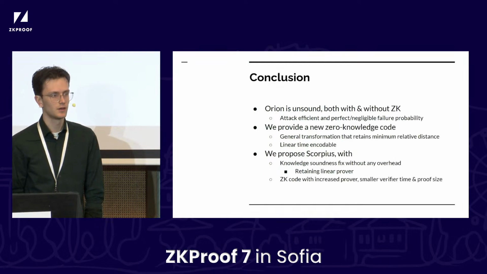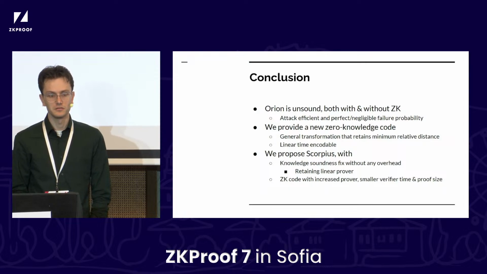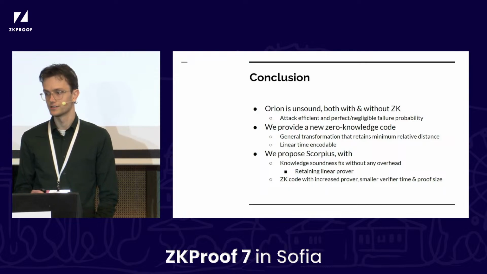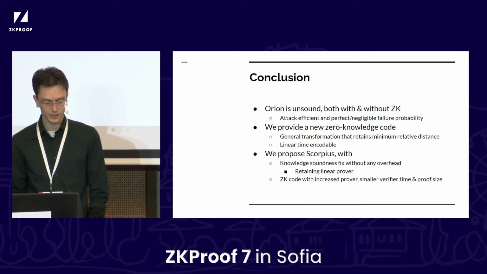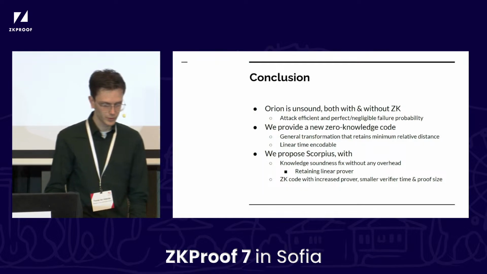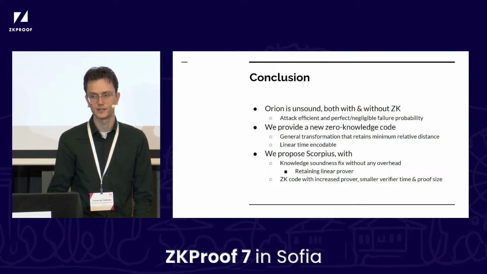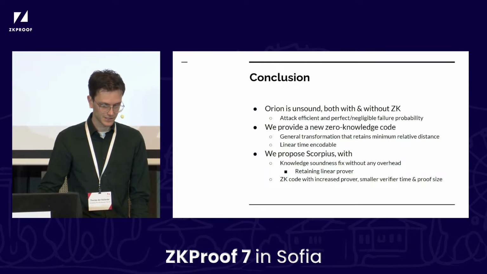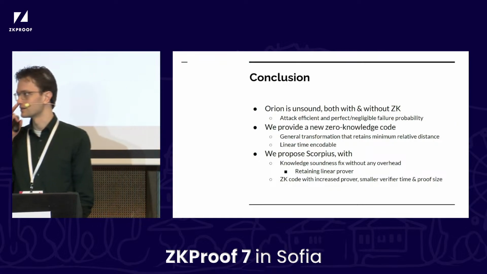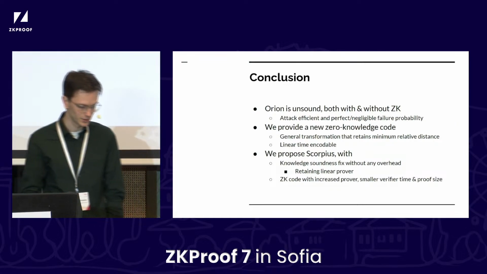In conclusion, Orion turns out to be unsound, both if you consider the zero knowledge version and the non-zero knowledge version. We provide a new zero knowledge code which might be able to be used in different systems as well. It's a general transformation that retains the minimum relative distance, and it's compatible with linear time encodable codes.